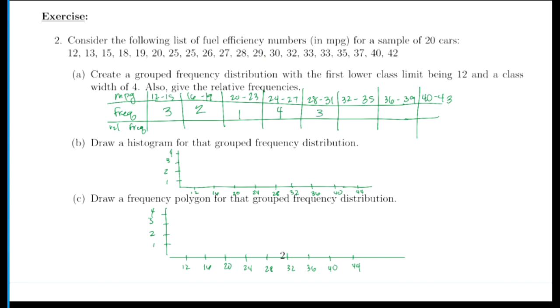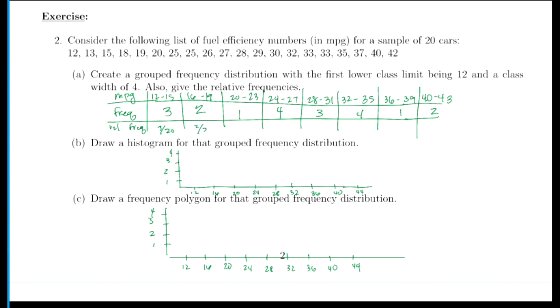Then for 32 to 35, we're looking at 32, 33, 33, and 35, so all 4 of those. And then 36 to 39, we have just 37 that fits in there. And then 40 to 43, we're looking at just 40 and 42. We have 2.